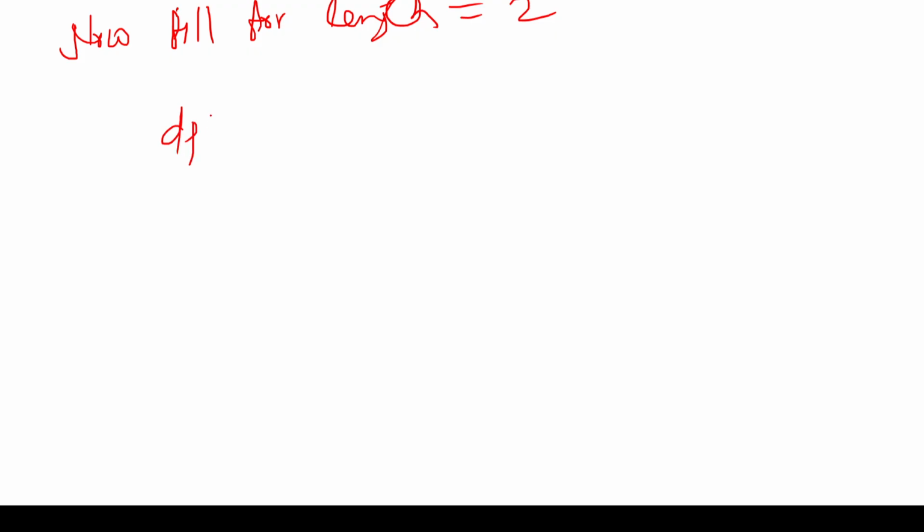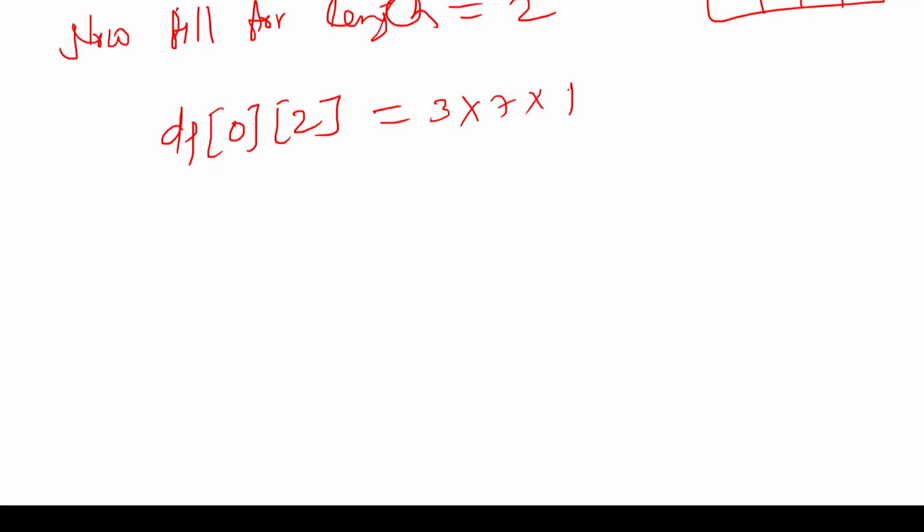Now fill for length 2. How? We'll say dp at 0 and 2, where we have taken 3, 7, 4, 5, is nothing but 3 into 7 into 4, which is 21, and into 4 is 84.